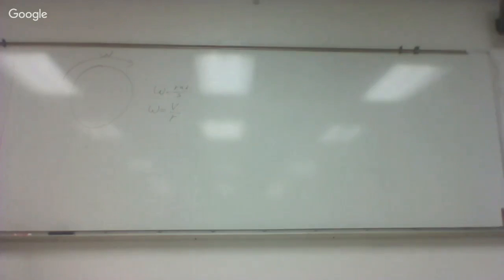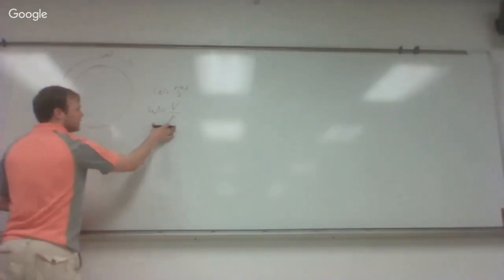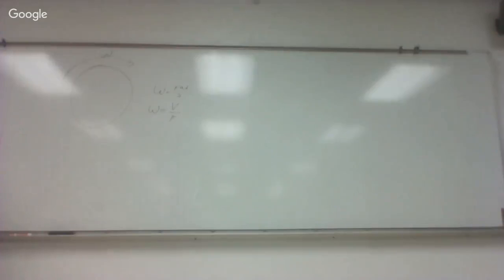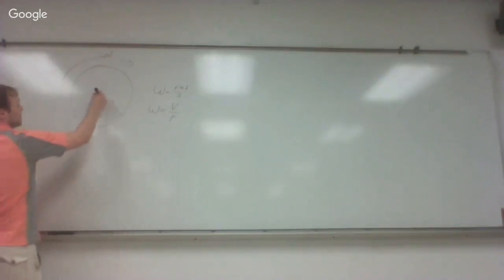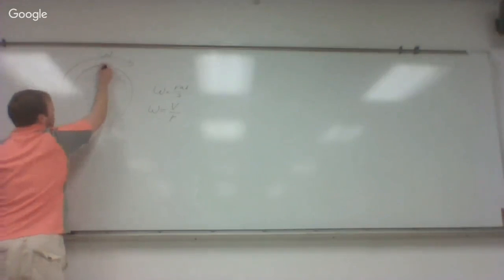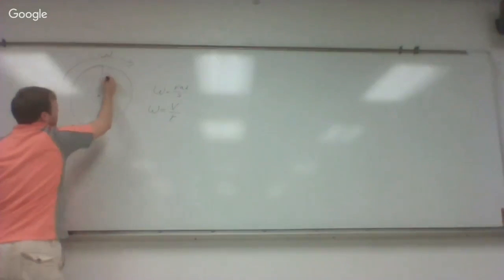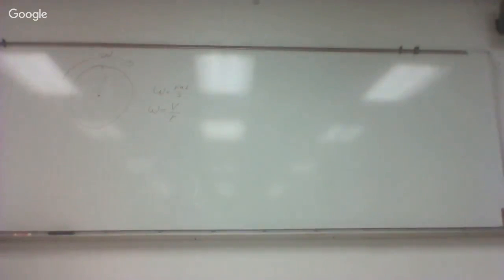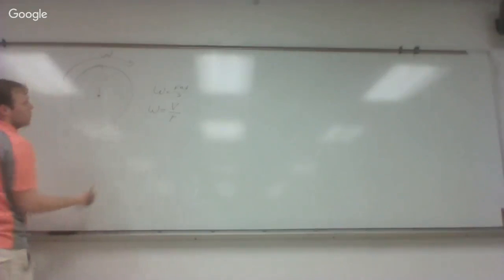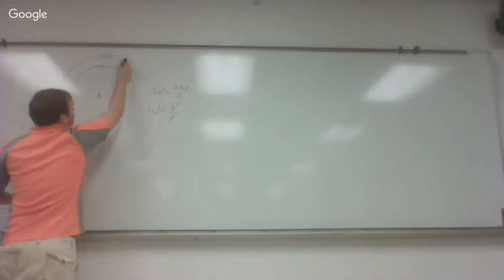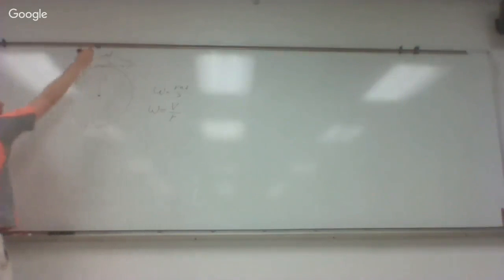Now, what is that? Anybody actually know what this is saying? Yeah, so at some point on this wheel there is a linear velocity, right? So let's just say we're looking at the point at the edge. We now know that this point has a linear velocity with this angular velocity, right?